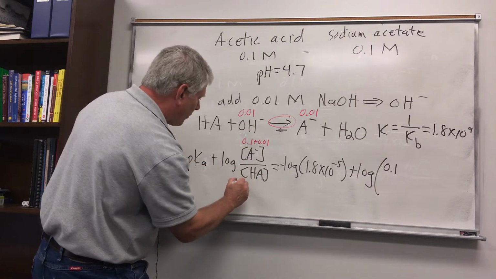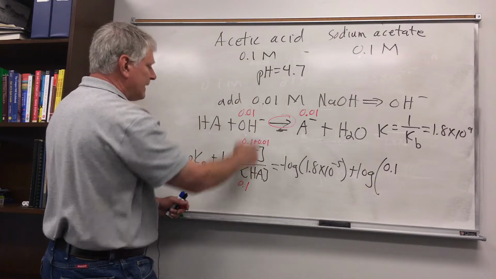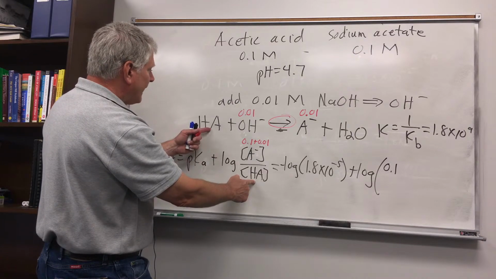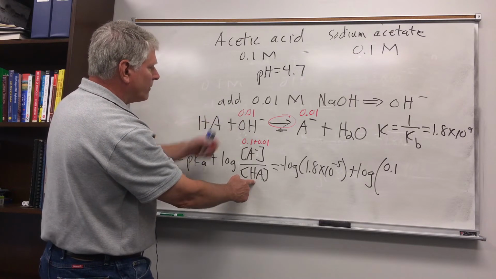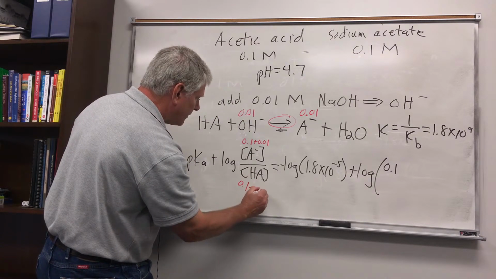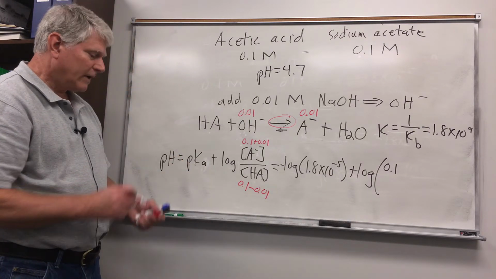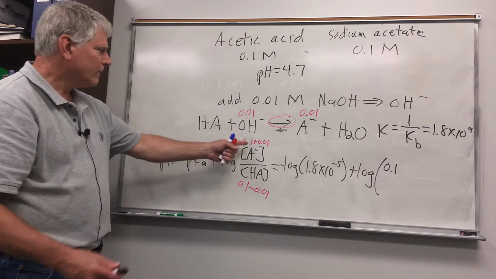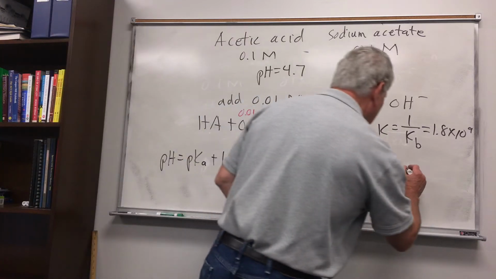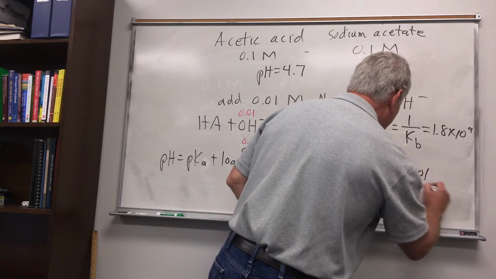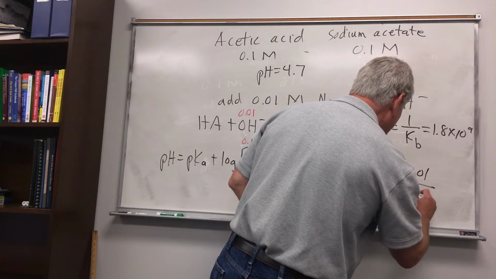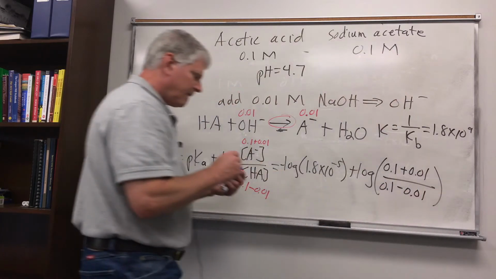And we started with 0.1 molar of acetic acid, but we just reacted 0.01 molar of it, so we subtract 0.01 molar. So now our concentrations will be 0.1 plus 0.01 divided by 0.1 minus 0.01.